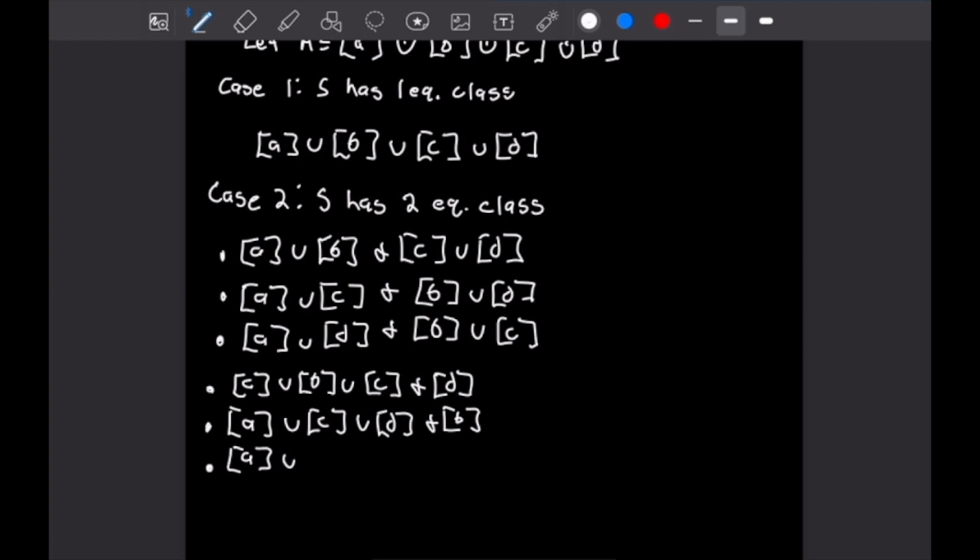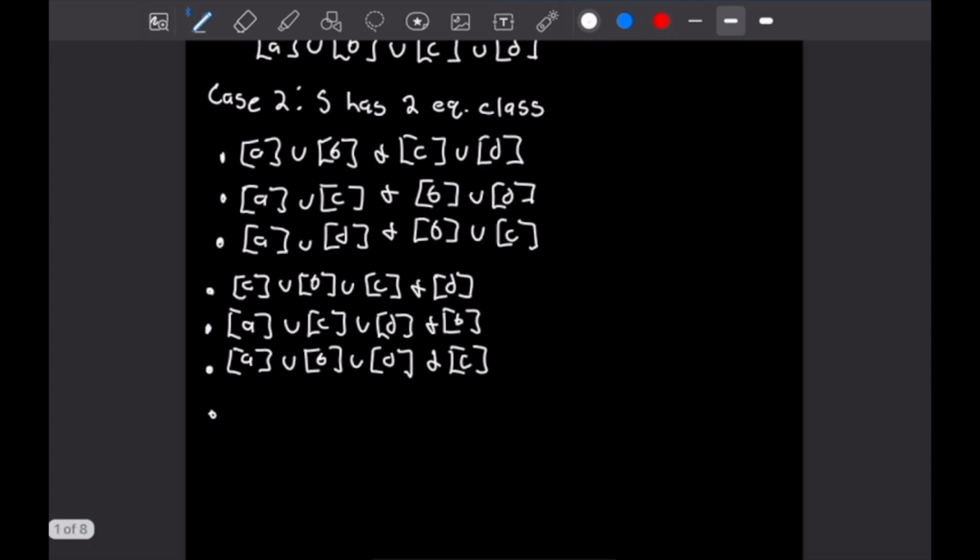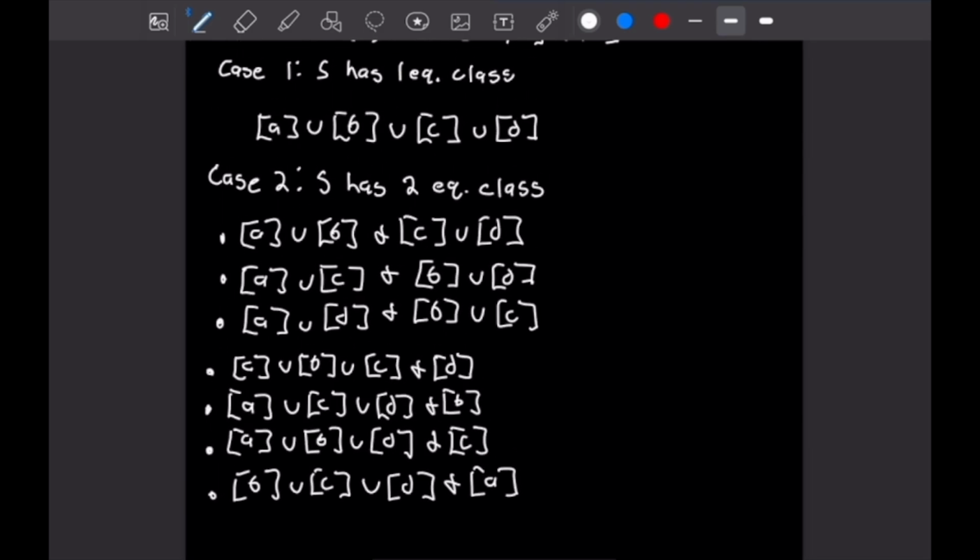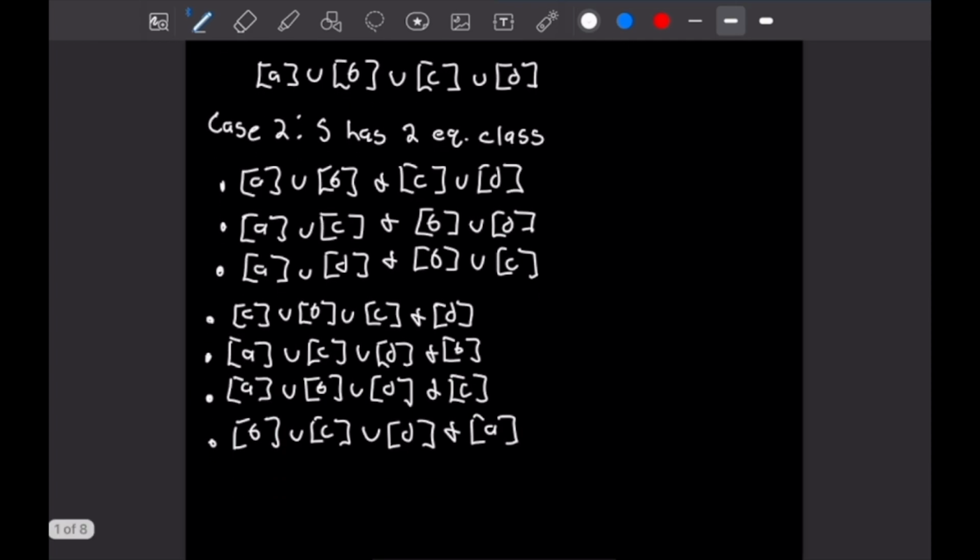So we'll have A union B, union D, and just C. And then lastly, we'll ignore A. Let's do B union C, union D, and then just A. Great. So far we have this one case where S has 1 equivalence class and these 7 cases where S has 2 equivalence classes.